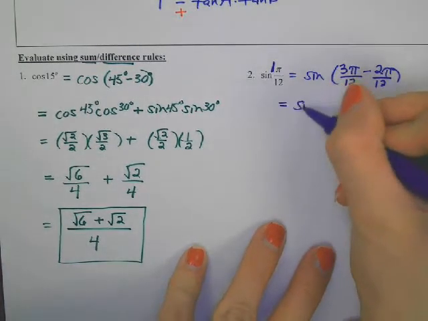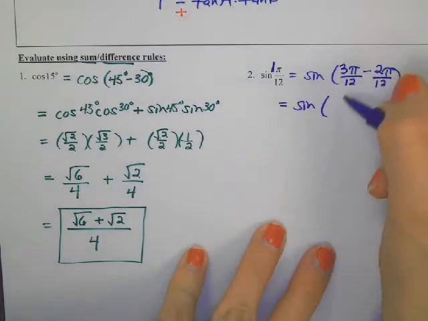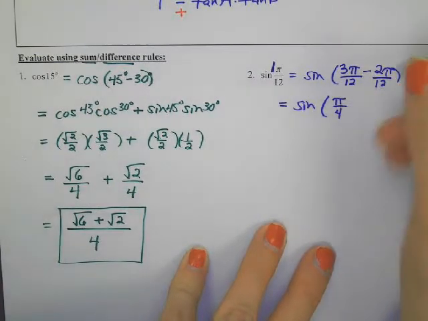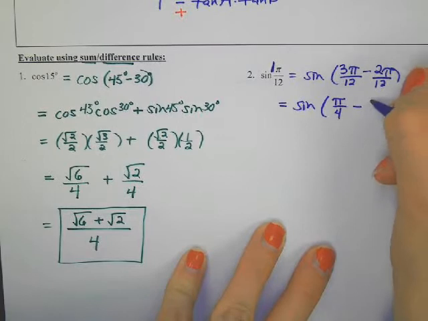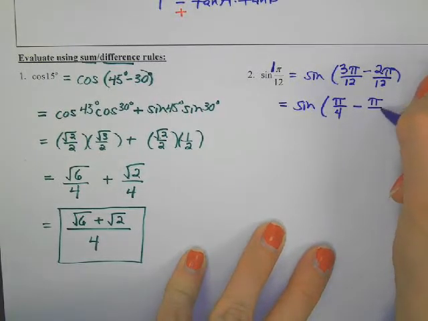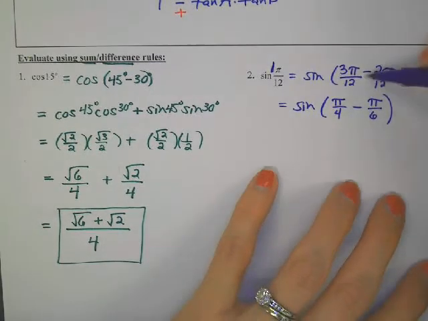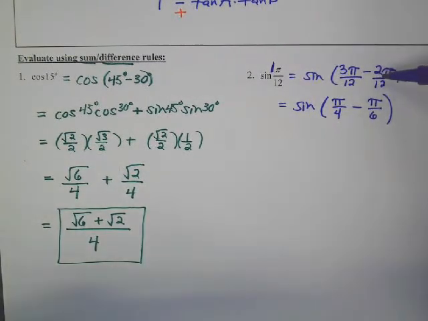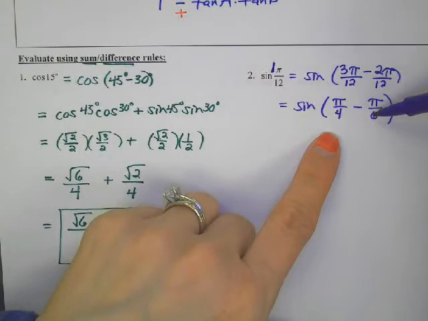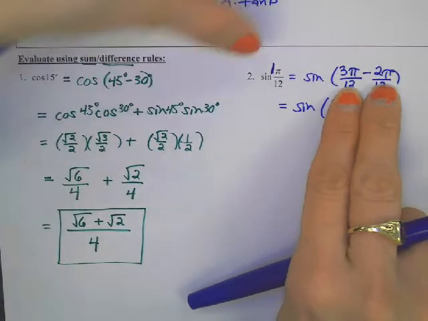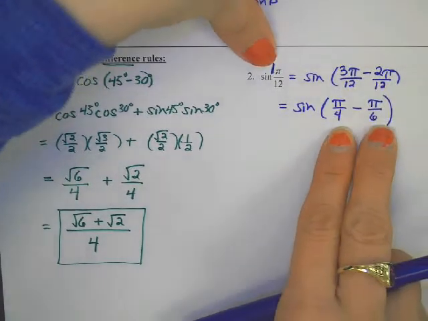Hang on, let's see. 3 pi out of 12 reduces to 1 out of 4. Is that an angle we know? Absolutely. And 2 out of 12 is 1 pi out of 6. Okay, there are many ways, many different angles you could put here. Some people try to stay small, so they end up in quadrant 1. Some people try not to do negatives. There's different techniques, but as long as it's two angles that make 1 out of 12 that reduce to something you know.